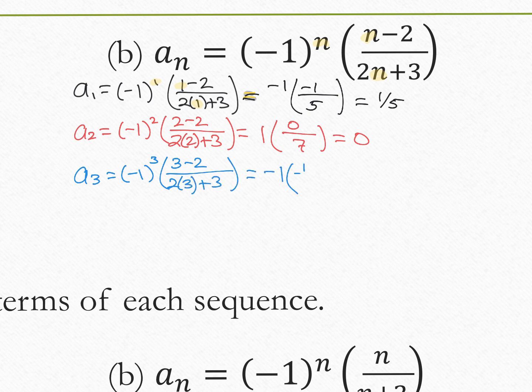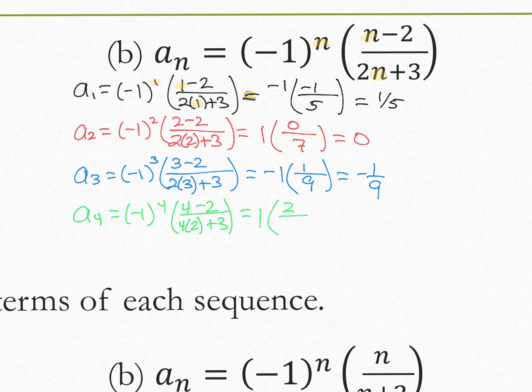Negative 1 times 1/9. Negative 1/9. A sub 4. Negative 1 to the fourth times 4 minus 2 over 2 times 4 plus 3. Okay, negative 1 to the fourth is positive 1 times 2 over 8 plus 3 is 11. So this would be 2/11.